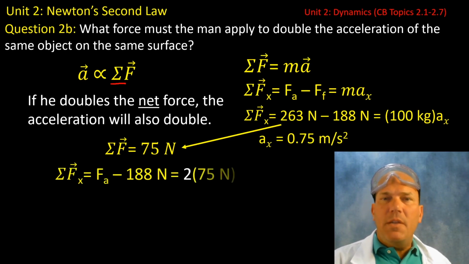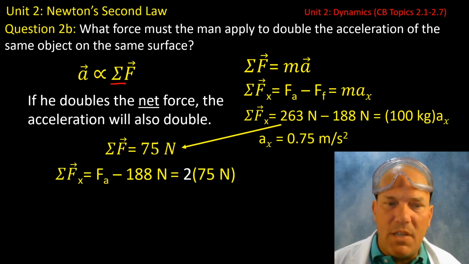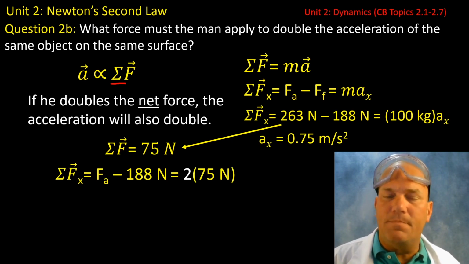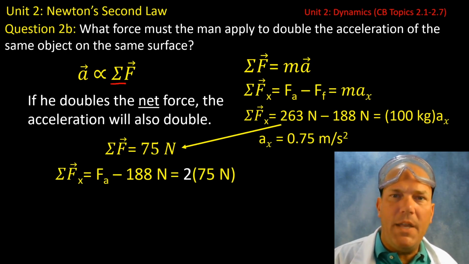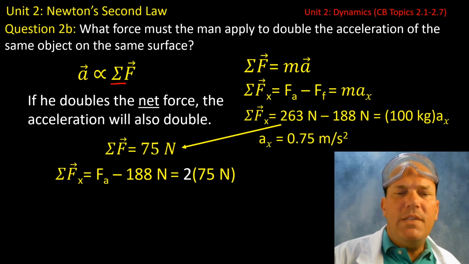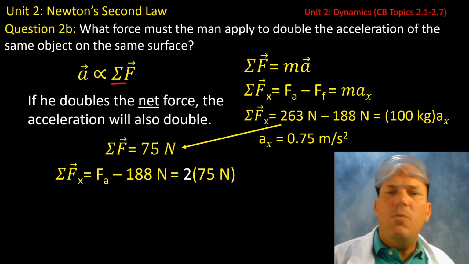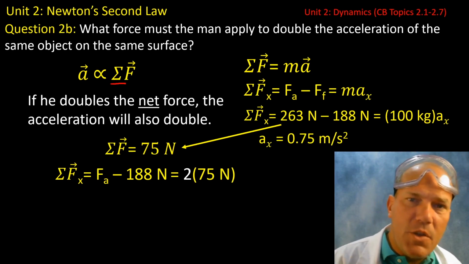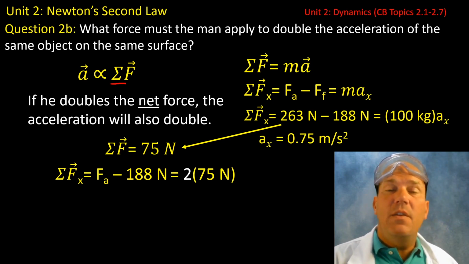So let's look back at our summation when we sum the forces in part A of this problem. We took force applied, we subtracted the force of friction, and now we're going to say, instead of that equaling 75 newtons, it equals twice that. So 150 newtons is the net force.